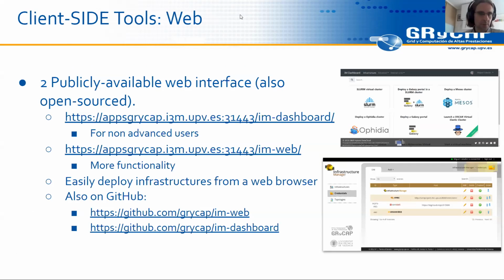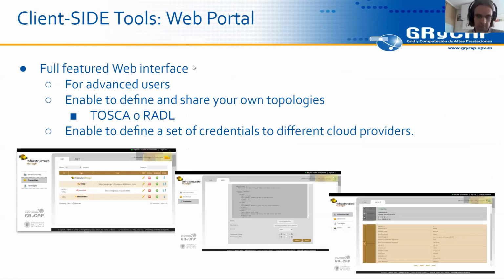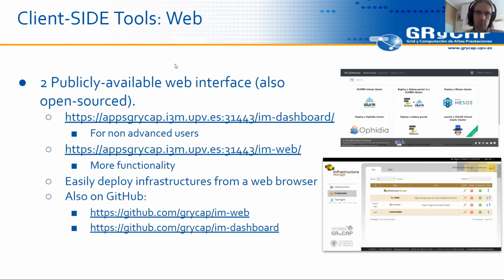But there are also two different web interfaces that are open source. These are the links to access both of the interfaces. The first one is what we call the IAM dashboard. This is used for non-advanced users because it hides most of the complexity of the IAM, and with a single set of clicks, you can deploy on top of IaaS Cloud resources without any advanced knowledge.